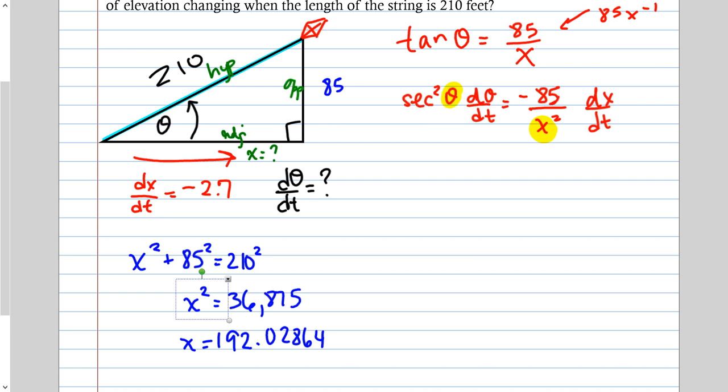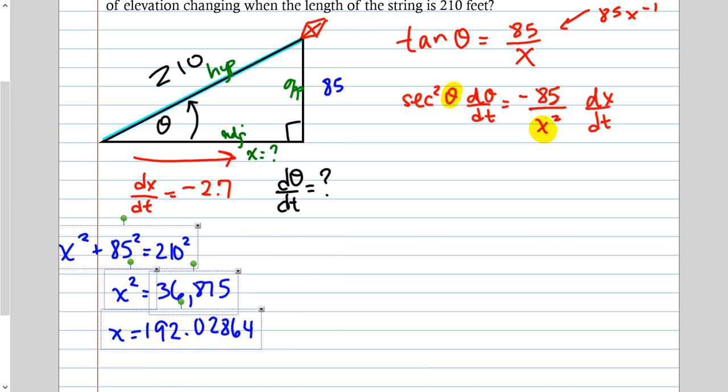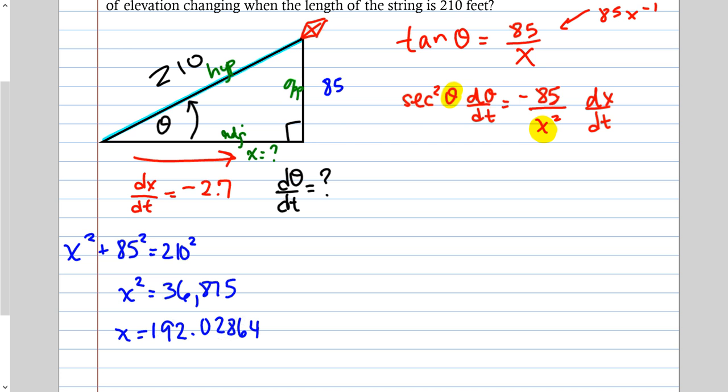Okay, now I am missing the angle as well, which means I am going to have to find it. So it's not just enough to find x, I have to find the angle. I'm just going to move this to the side here. Now the angle, let me look at the triangle.